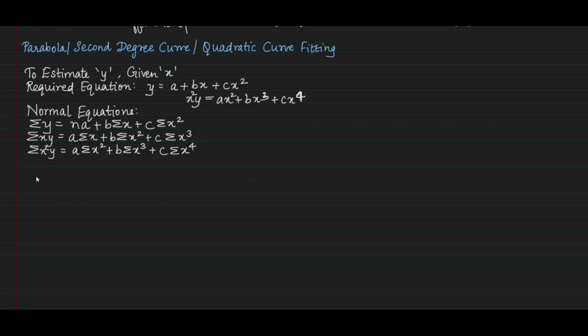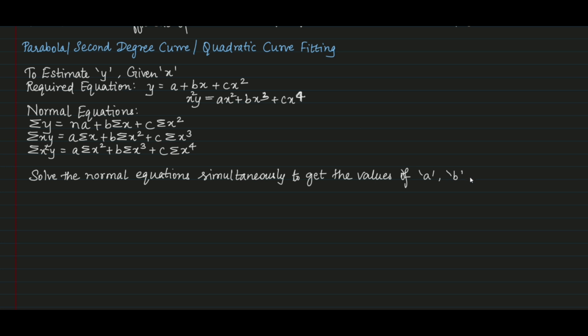When we solve all the normal equations simultaneously, we get the values of a, b, and c. Then we substitute them in the required equation and write it.